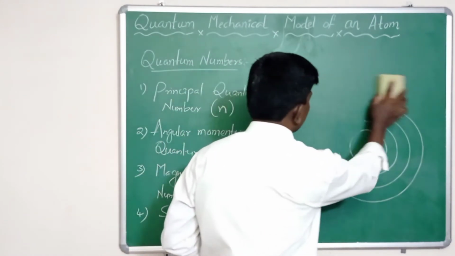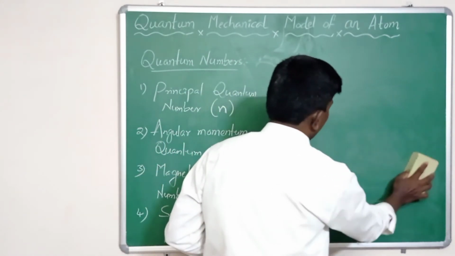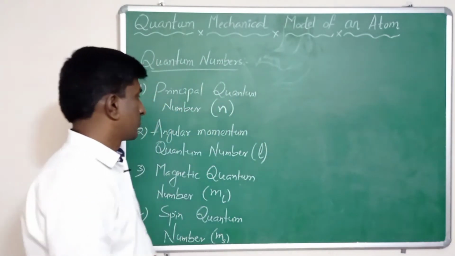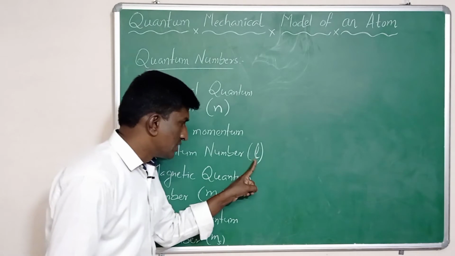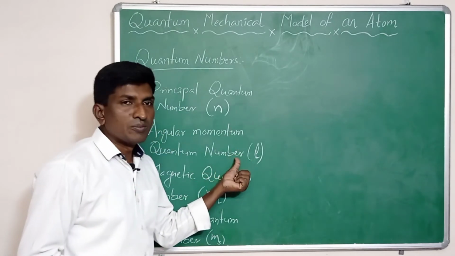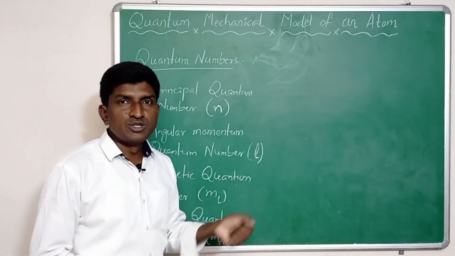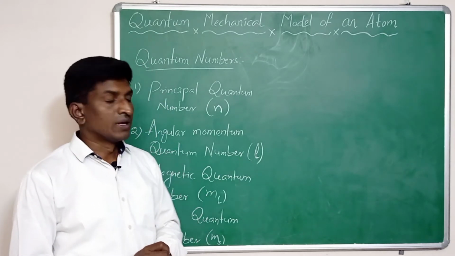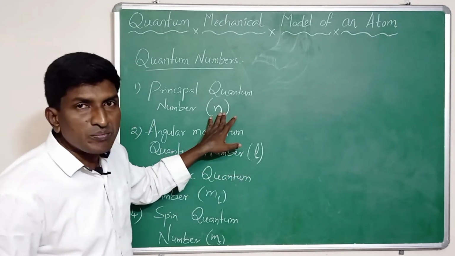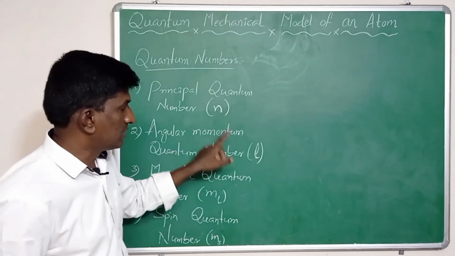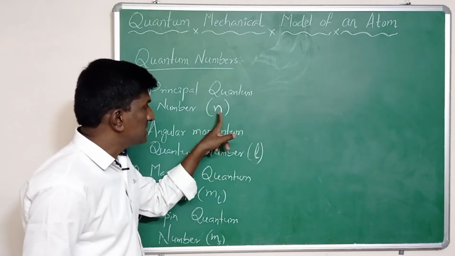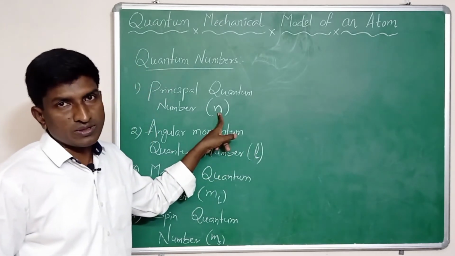The angular momentum quantum number, also known as the azimuthal quantum number, is denoted with L. This quantum number depends on the principal quantum number.